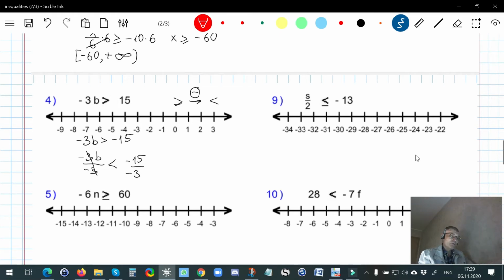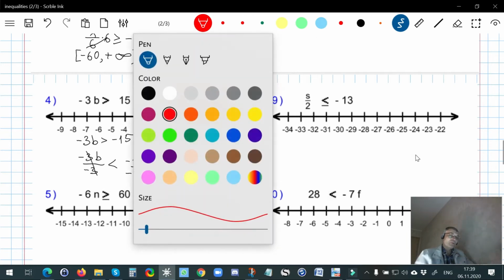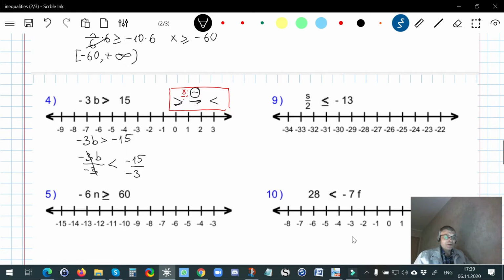So when we multiply or divide by a negative, we have to flip the sign of our inequality. This is the only trick, but it takes some concentration not to forget about it. And now we have isolated b.